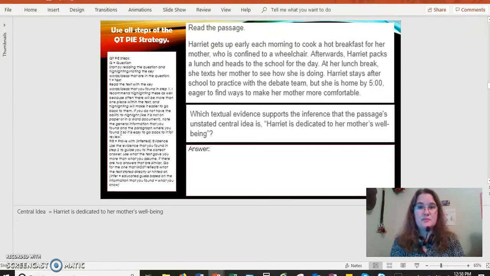So, Harriet gets up early each morning to cook a hot breakfast for her mother. Ooh, so she cooks for her mother. That's about her well-being, right? Cooks for her mother every morning, who is confined to a wheelchair. Not exactly as important about the mother's well-being at this point.